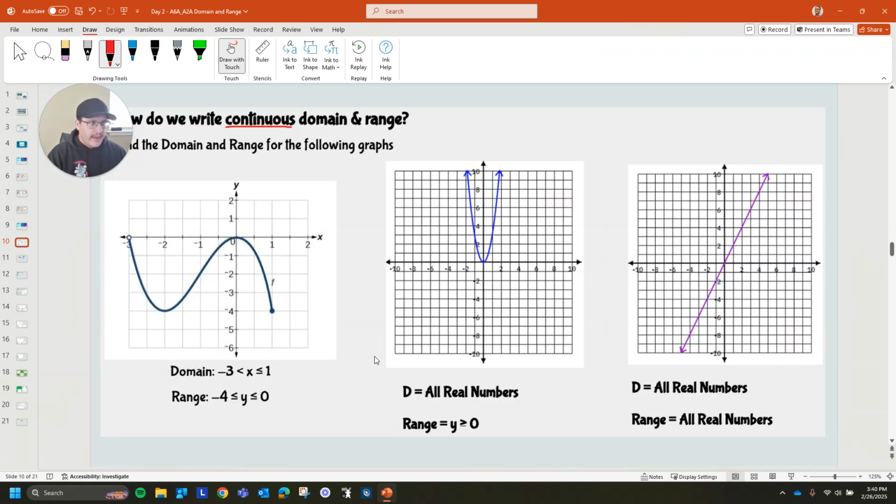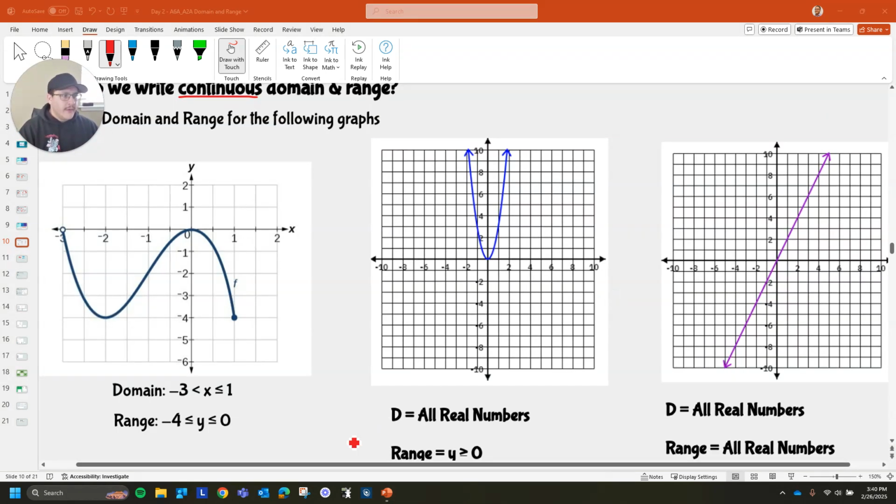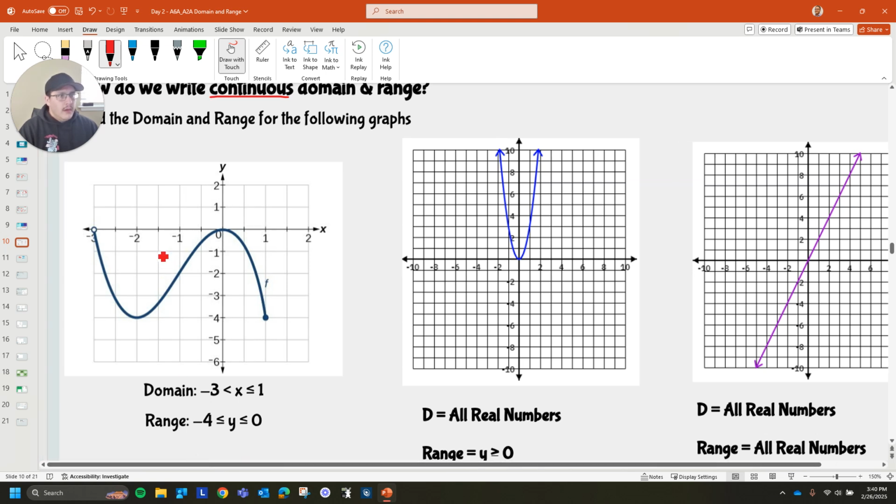we are going to be looking at continuous domain and range. Now, we got different scenarios here. So, look at this first one here. We have open dots, we have solid lines, we have closed dots. And each one of these things are going to tell me certain ways to write my domain and range. So with domain, let me zoom in a little bit.